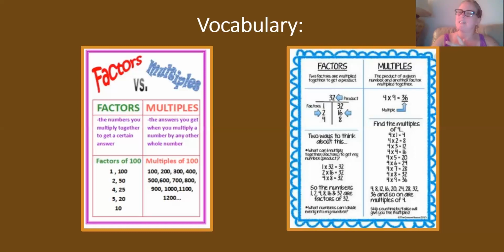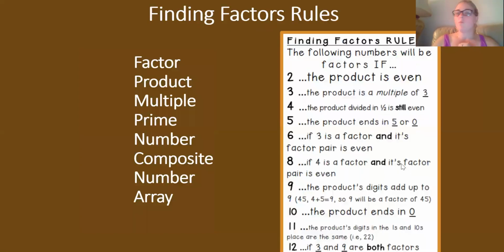It's not really the answer to a multiplication equation because that's the product, but it's a number times another number, and you're counting by that number. So like it shows here are the multiples of 4. So you're multiplying 4 by 1, 2, 3, 4, 5. We're going to go more into detail about that in Tuesday's video.